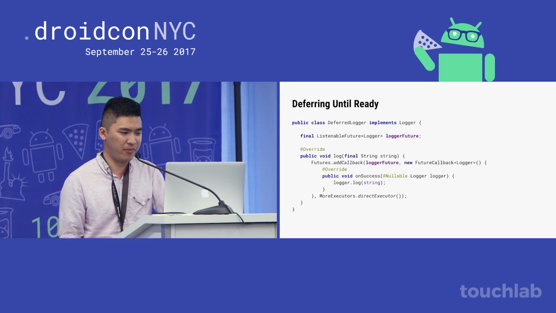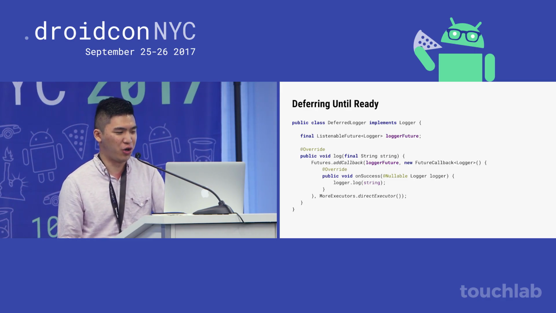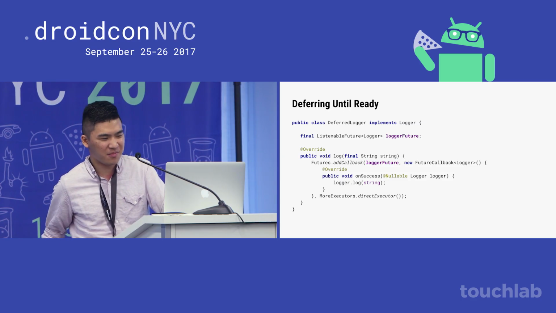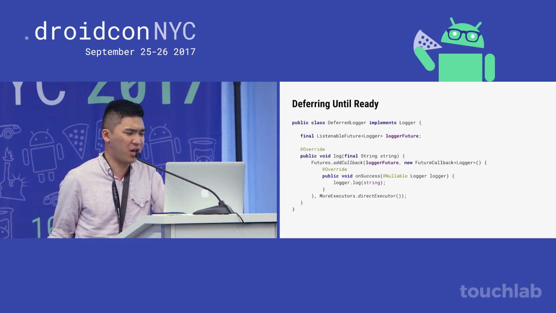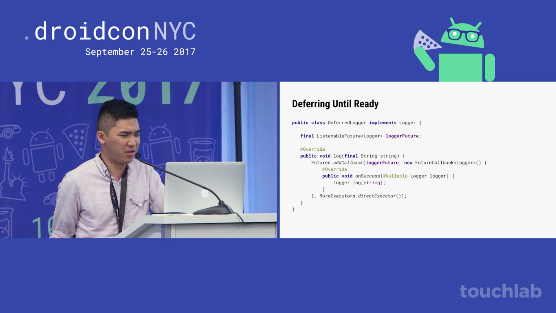And then when the real logger is created, it will go through the entire queue and log all the things that you want it to log. You can do something similar with RxJava also, but I don't know if it's trickier. It might be trickier.